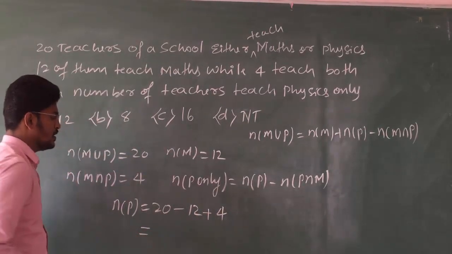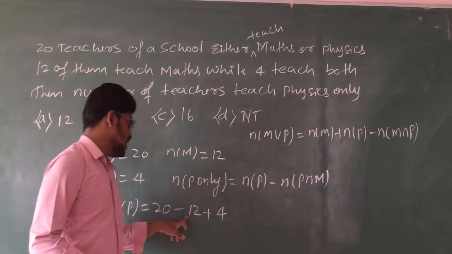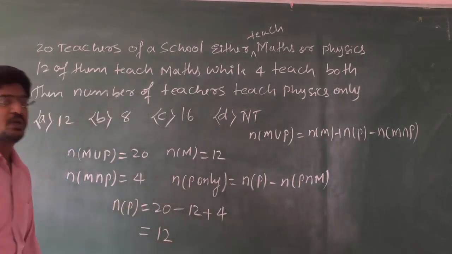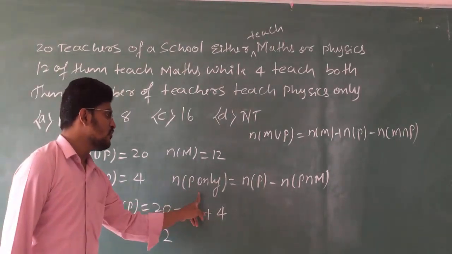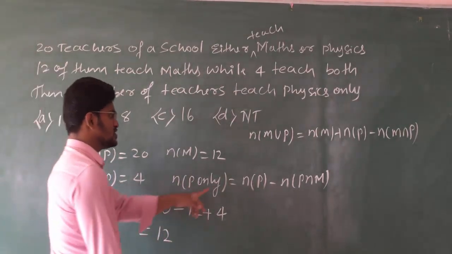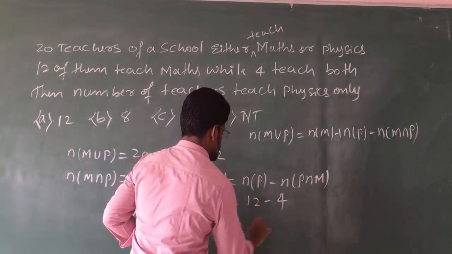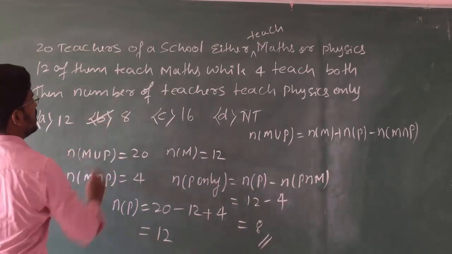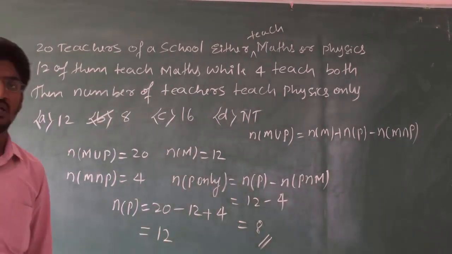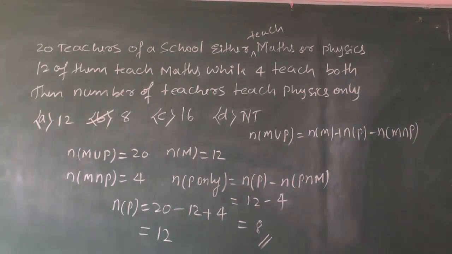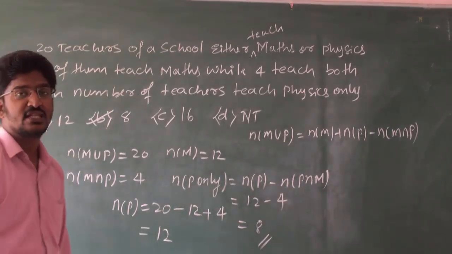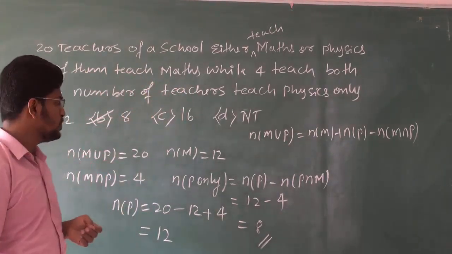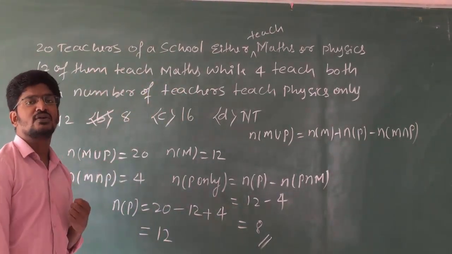So 20 minus 12 is 8, 8 plus 4 is 12. n of p is 12. Now use n of p only: n of p is 12 minus 4, that is 8. So 8 will be the required answer. Very simple problem, but you have to understand it, then only you can solve. They are asking n of p only, that means n of physics only you have to calculate.